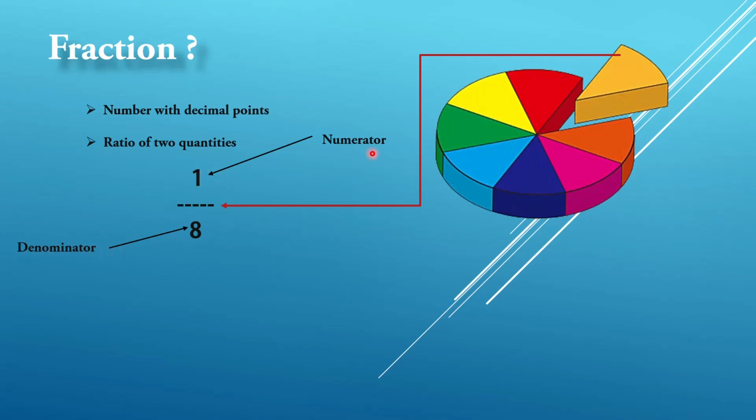So 1 is the numerator and 8 is the denominator. Mathematically we can say I have 1 by 8 part of the pizza, or 0.215 of that one pizza.